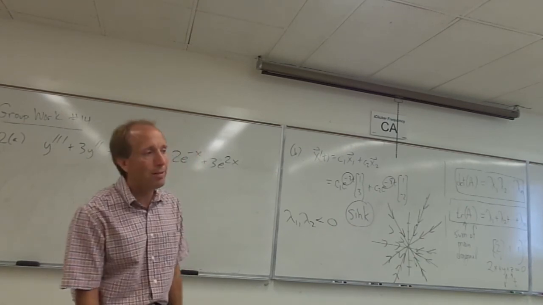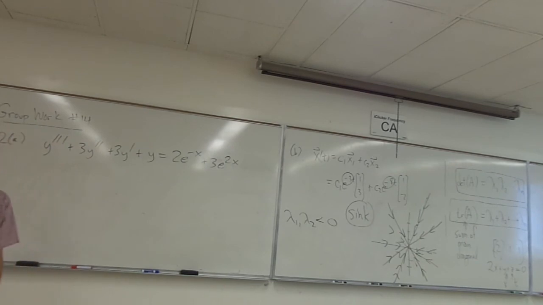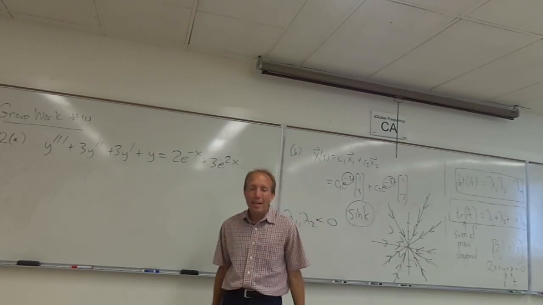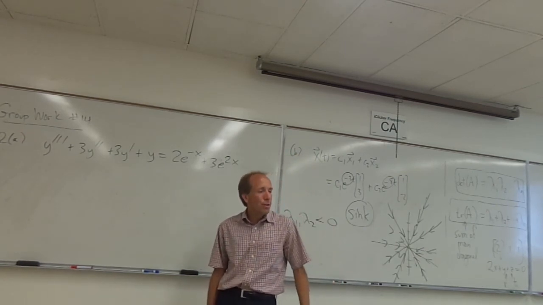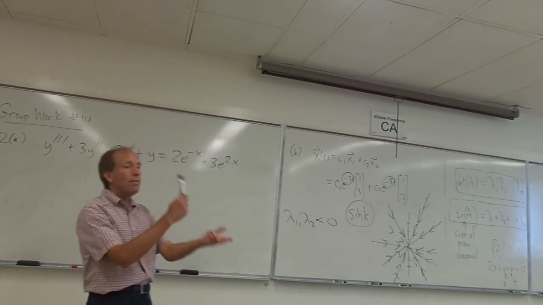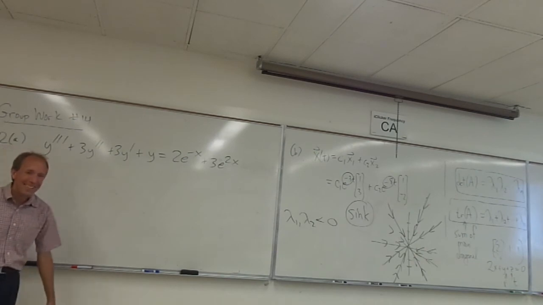So which chapter of the book is this problem coming from? Chapter 6. Exactly. And as soon as you know that, you should know there are two possible ways of solving a third order differential equation: annihilators and variation of parameters. Which would you use here?